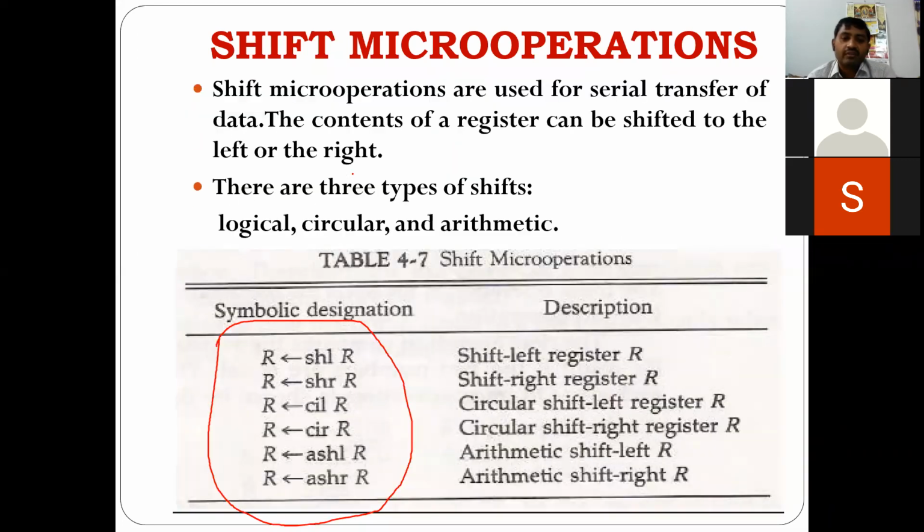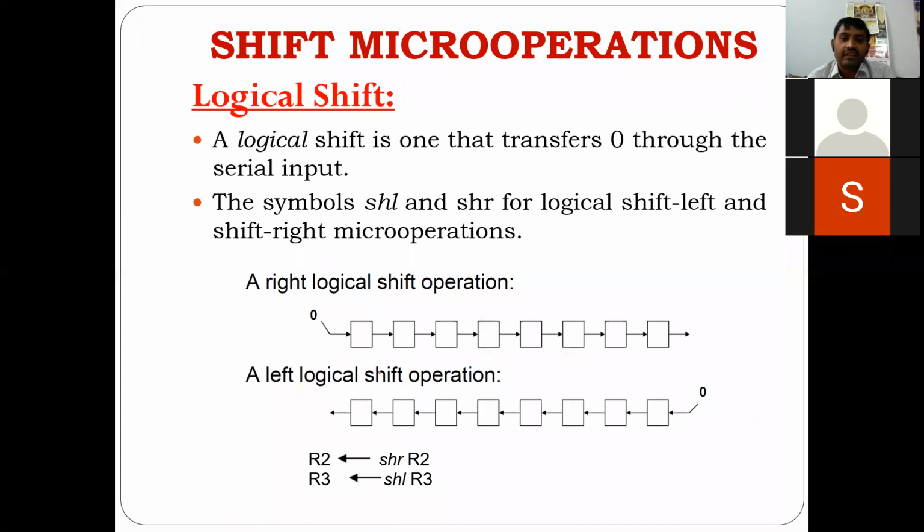First one, the general shifts, SHR and SHL, that is shift right and shift left, which we'll take as logical shifts. See the logical shift in this way: a right logical shift will be shifting towards the right, and a left logical shift will be shifting towards the left. I'll take one example.